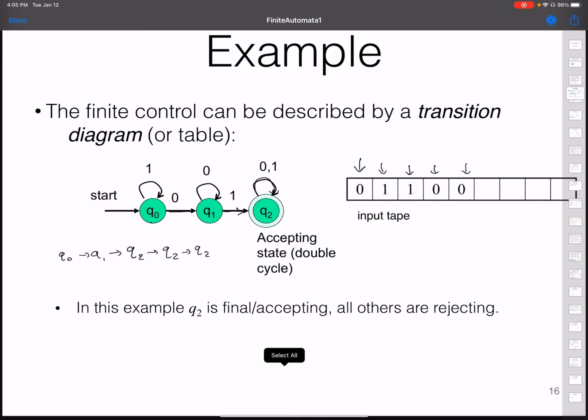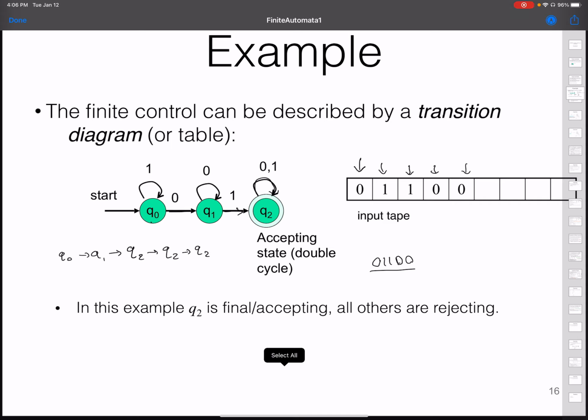This is important because it is the meaning of accepting a string: if you read the full input string and at the end you are at an accepting state, you say that you accept the string. So this string, 0, 1, 1, sorry, 0, 1, 0, 0, will be accepted by this finite state.